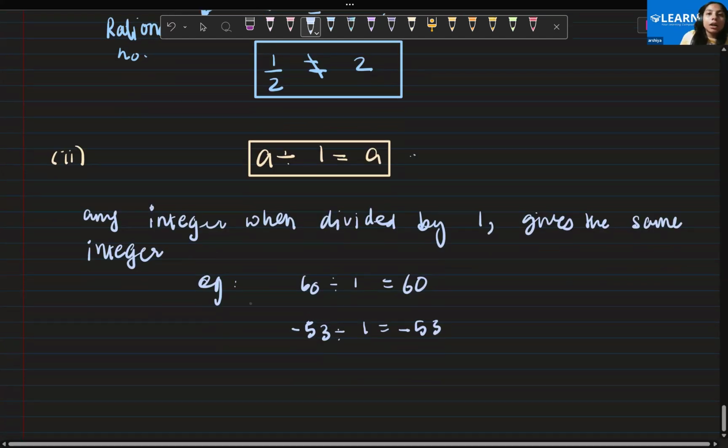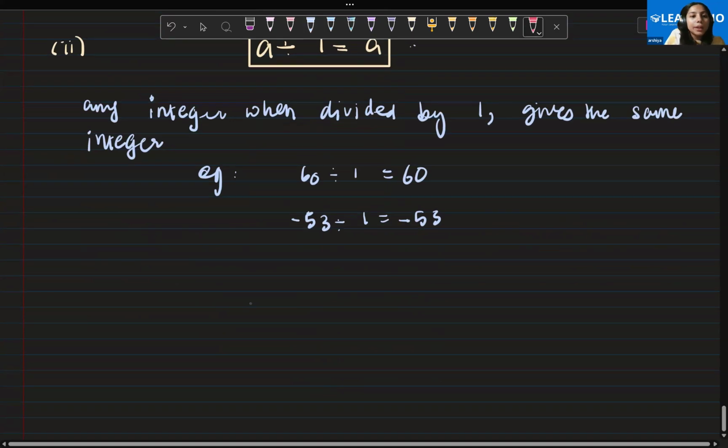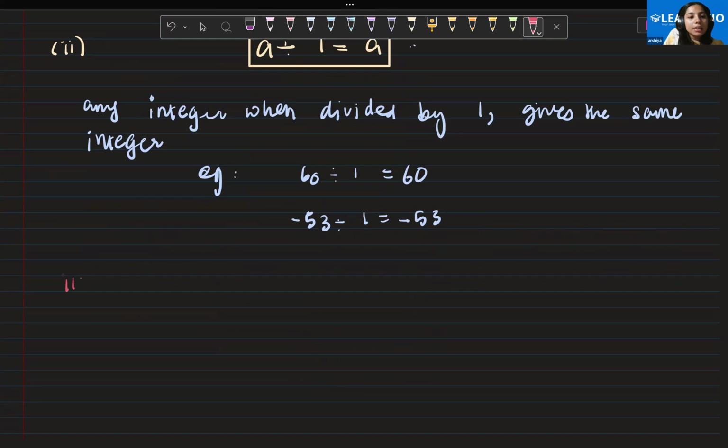All right. Now the third thing is when you divide two integers, this can come in the same property. It's basically the sign. So let's say negative a divided by negative b, you will get the answer as a divided by b. What that means is the signs get cancelled out when both of them are negative.